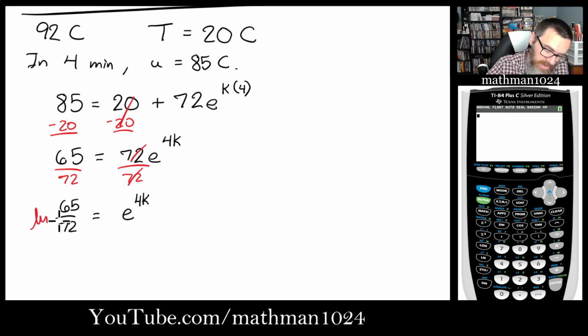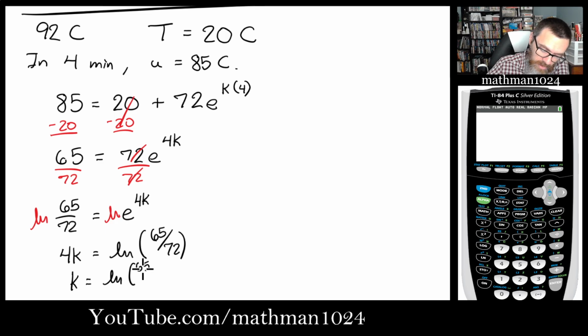And as always, let's apply natural log, which will give me 4k on the right equals the natural log of 65 over 72. Finally, k is equal to the natural log of 65 over 72, all divided by 4.